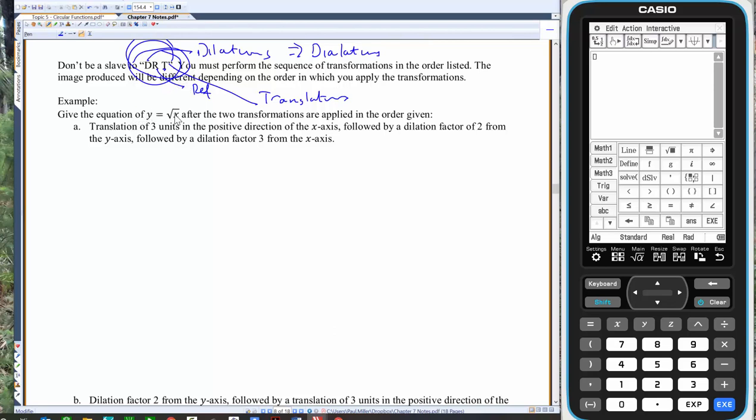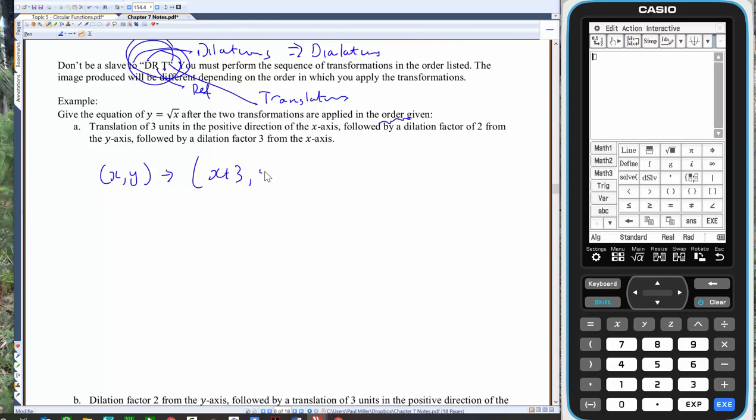Give the equation of y equals root x after the transformations are applied in the order given: a translation 3 units in the positive direction of the x-axis, followed by a dilation factor 2 from the y-axis, followed by a dilation factor 3 from the x-axis. Let's set this up. Starting with (x, y), let's do the first one, translation 3 units in the positive direction of the x-axis.